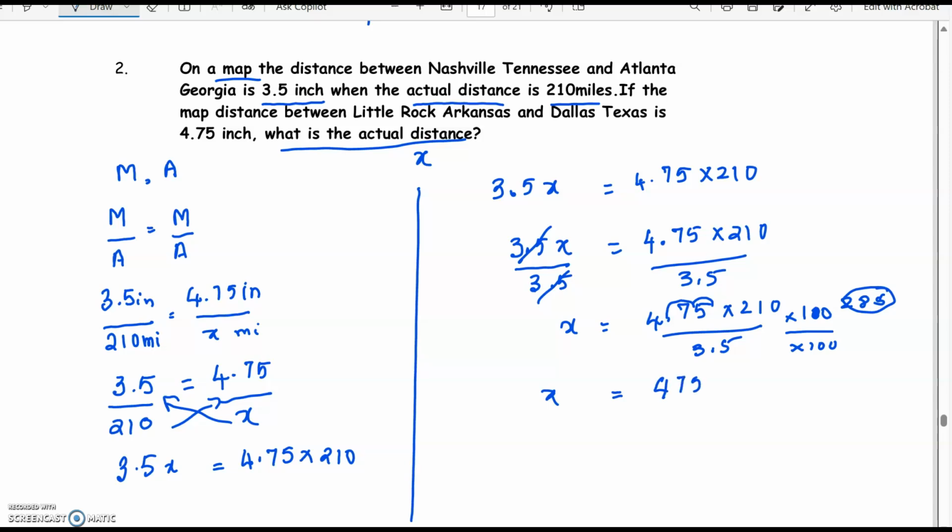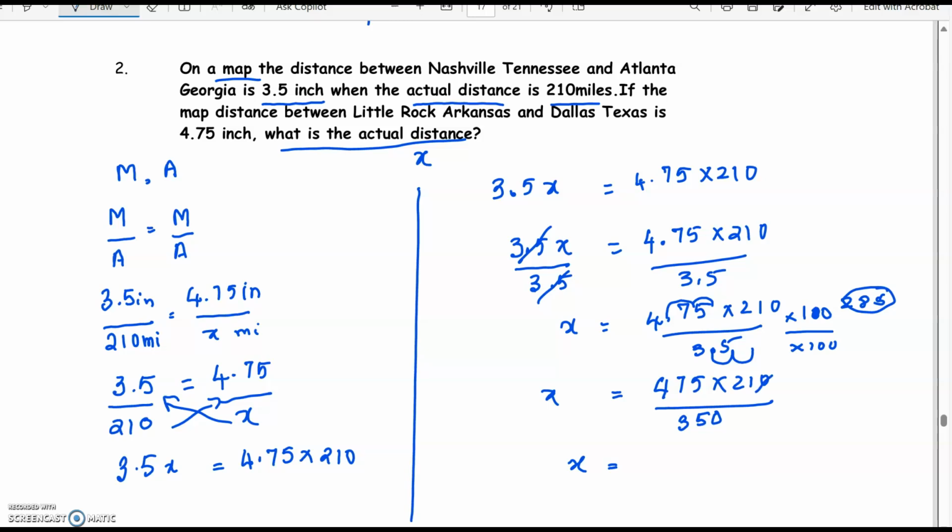So we have 475 times 210 divided by, and now if I shift 2 decimal place values to the right, I get 350. So x is equal to, and now we're going to think about what to cancel.